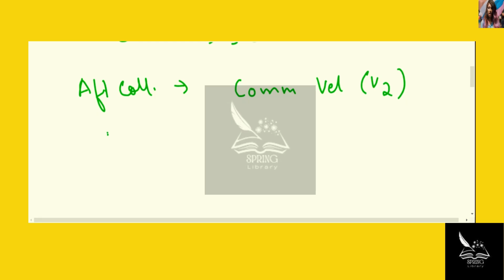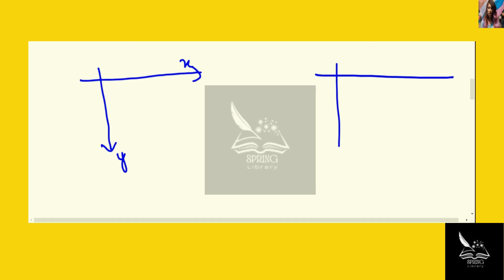Let us consider A to be the stick and B to be the pan. So the conditions of motion before and after collision can be shown diagrammatically in the following way. Because we have considered plus y to be downward, we are drawing it in this way. These are the two cases.